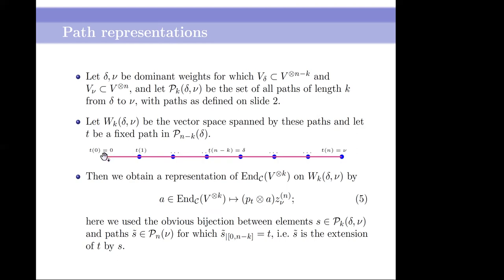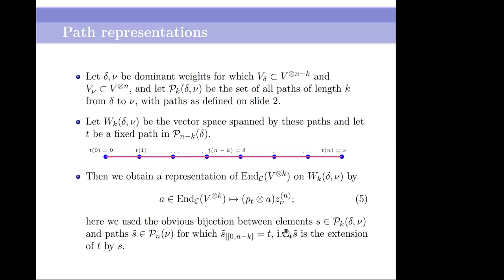And if you fix t to be a path of length n minus k, then we can think of all the paths here as starting with this path and extending to the path from delta to mu. And that way we obtain a representation of V tensor k on this vector space of paths. And the way we construct it is for every A it will be mapped into Pt tensor A multiplied by Z V tensor n.